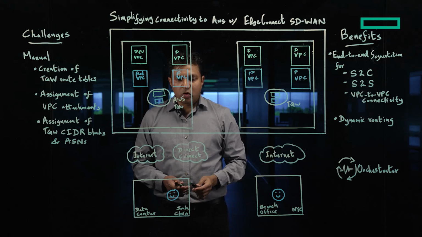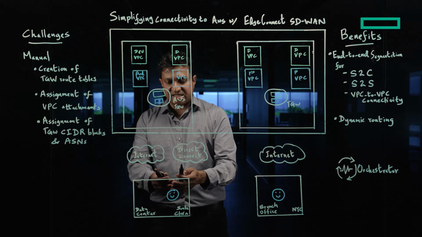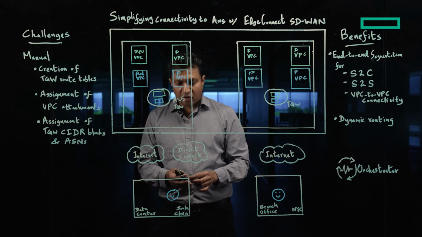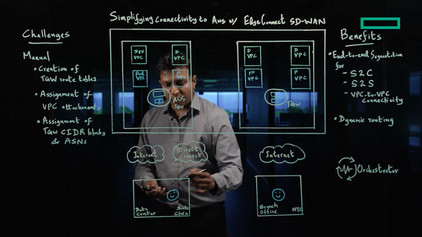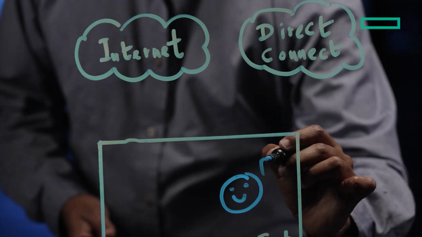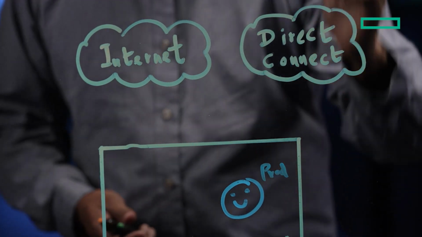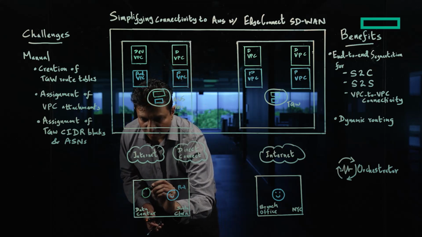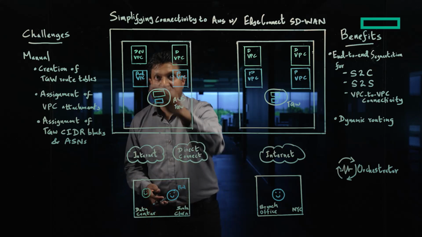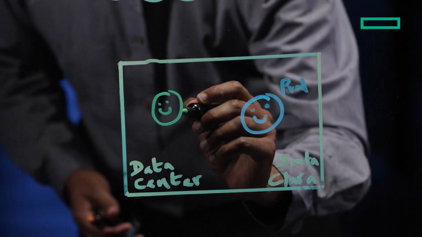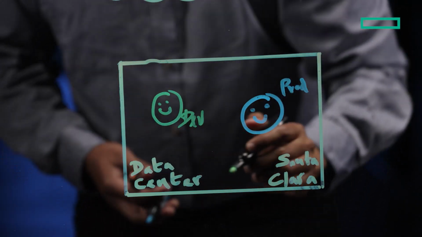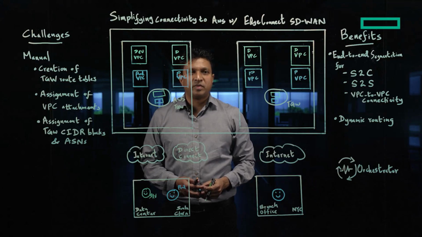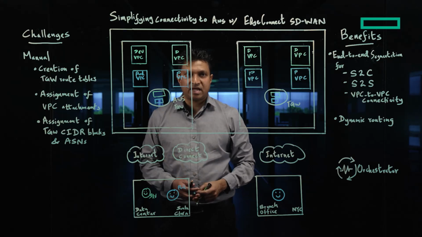Also, if you want to create a segmented environment, or if you already have a segmented environment on-prem, for instance, if you have a group of users in your on-prem environment that needs to connect to production workloads in the cloud, and also let's say you have a group of users that need to connect to your development VPCs in the cloud, you will have to ensure to configure the transit gateway route tables accordingly to provide this access.